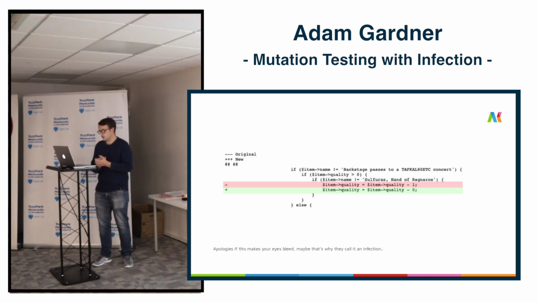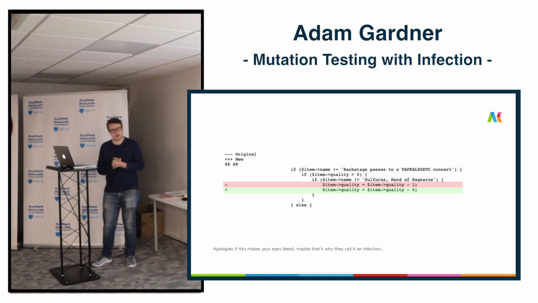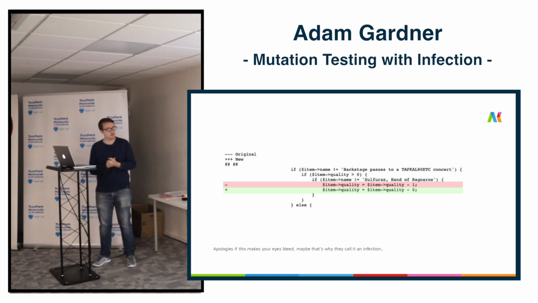This is another example of a mutant, but this one is taken directly from Infection this time. Believe it or not, I apologize if it makes your eyes bleed, but you just get a standard Notepad file. I have added these red and green lines.